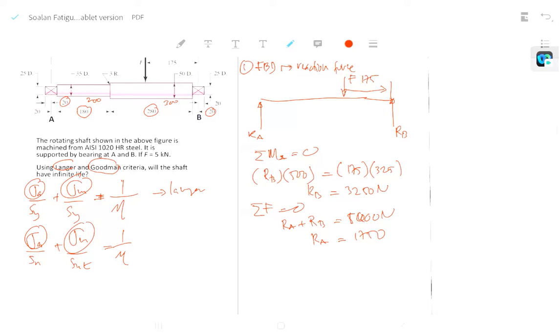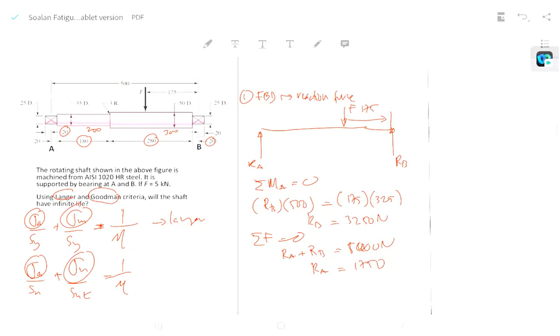This reaction force is on the bearing. This F is 5 kilonewton, 5,000 Newton.